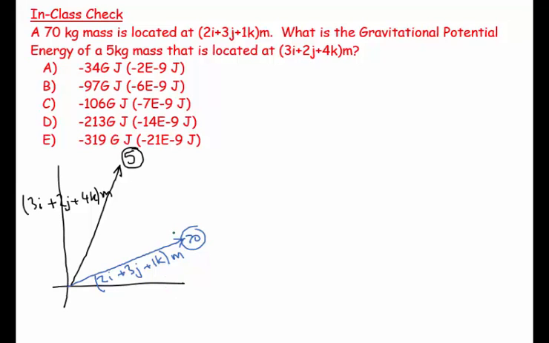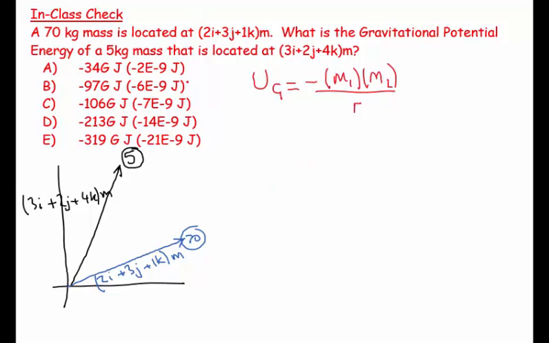And what I want to visualize is the separation that I'm looking for. I'm being asked, what is the gravitational potential energy of this 5 kilogram mass? And so the equation I want to use is UG is equal to minus G M1 M2, there's your two masses, over R. And R in this case is a separation.